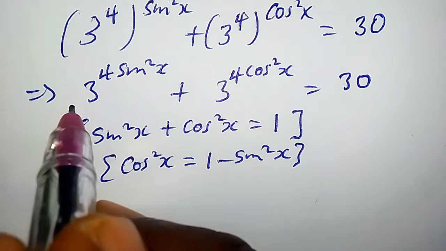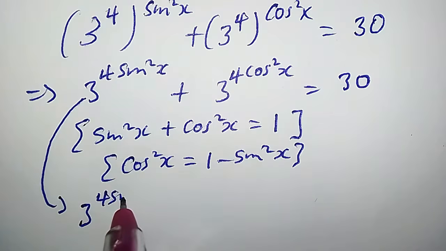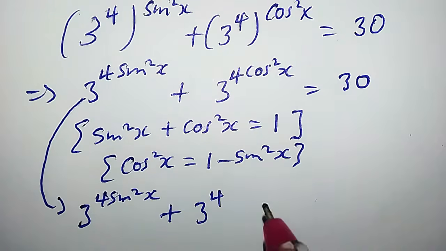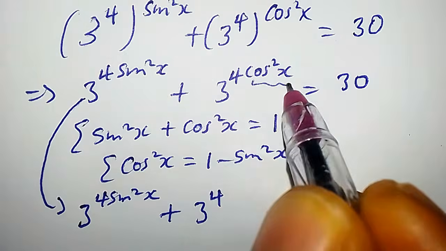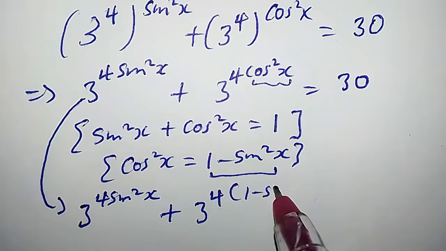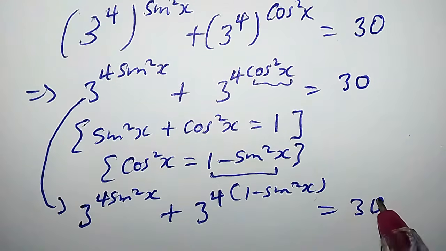That means from this line we're going to have 3 raised to 4 sine square x plus 3 raised to 4. We will now replace this particular cos square x with 1 minus sine square x, equal to 30.